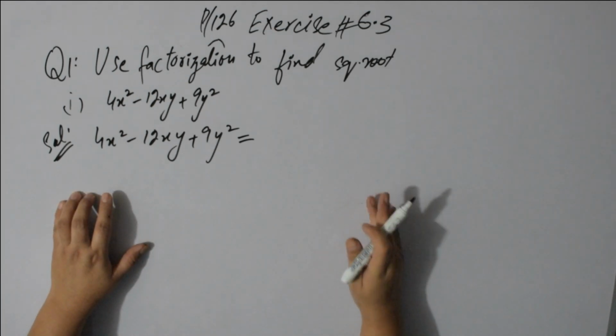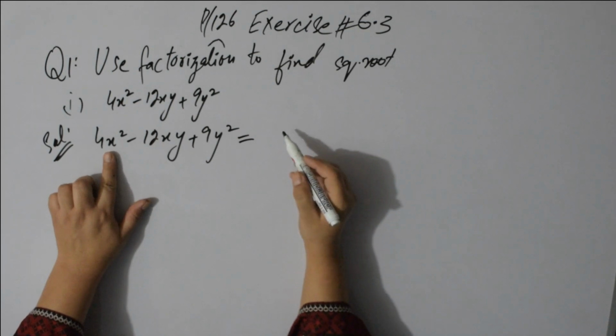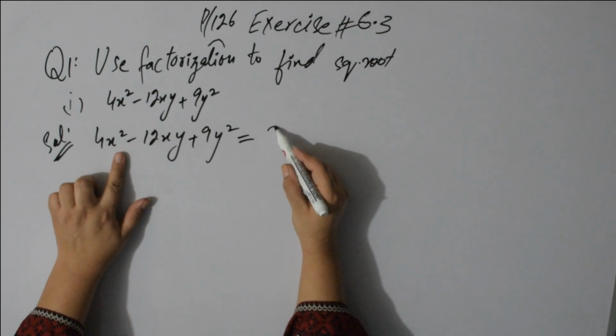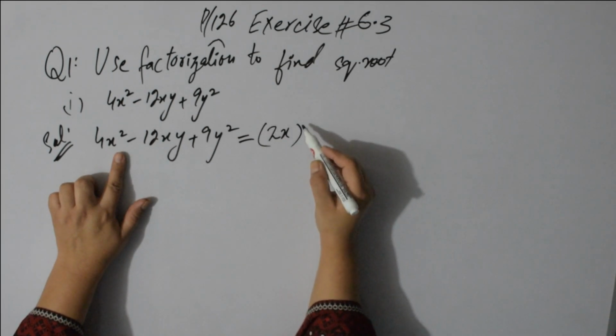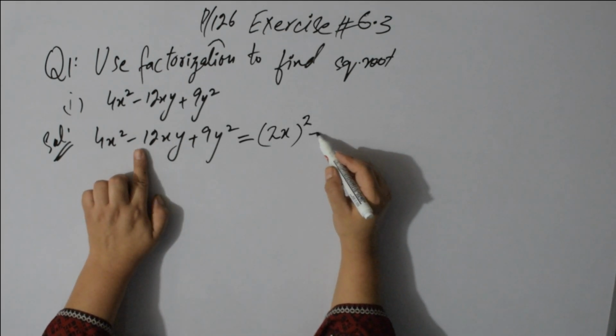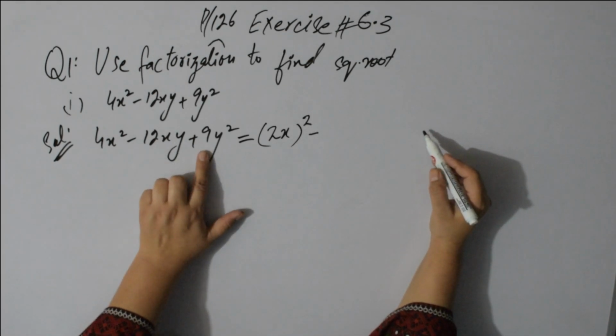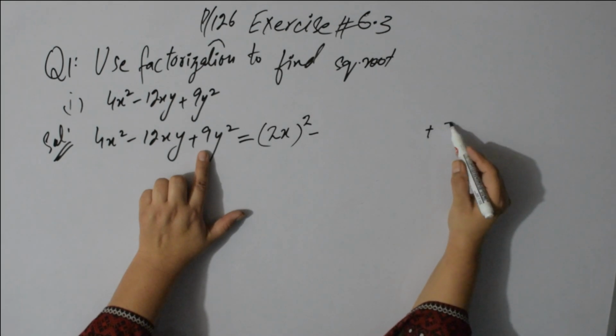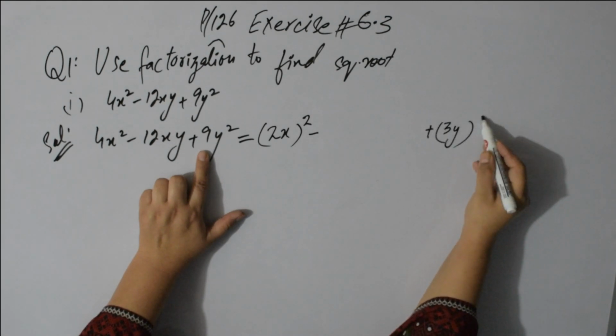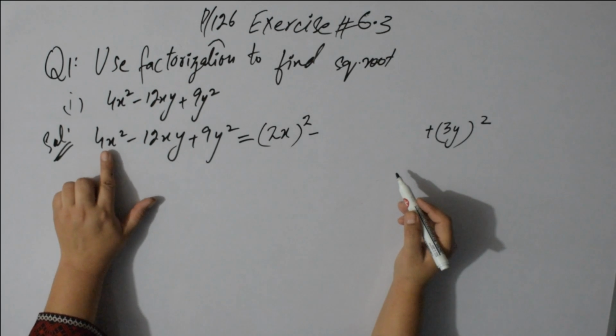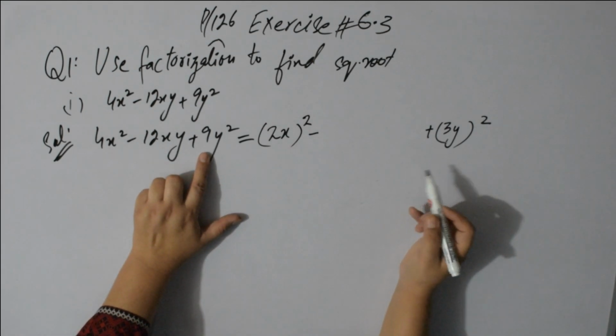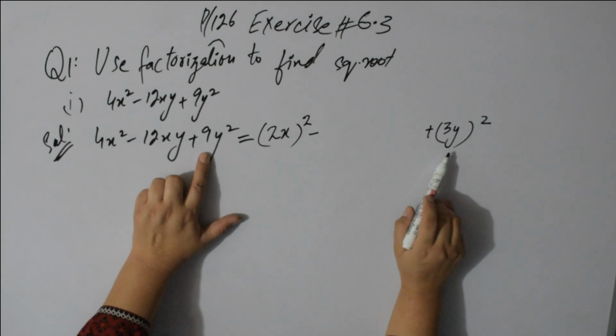4x square, can I write it as 2x whole square minus, first I am writing its last term, plus 3y whole square. Look students, what I have done: I wrote first and third in standard form, that is in the form of whole square.